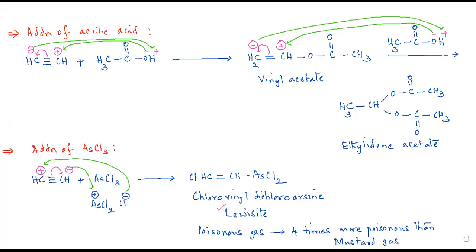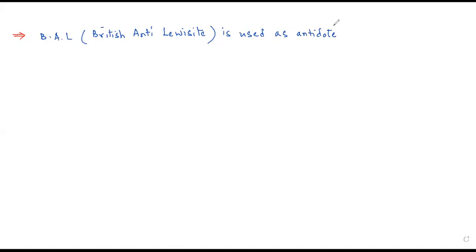Antidote acts against the poisonous nature of lewisite. British anti-lewisite, BAL, is actually used as antidote for lewisite.